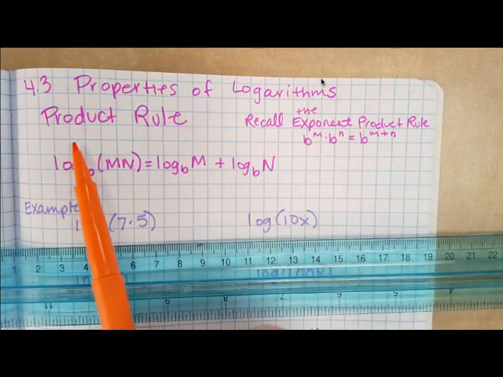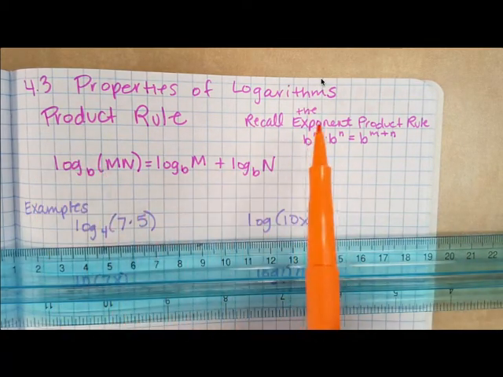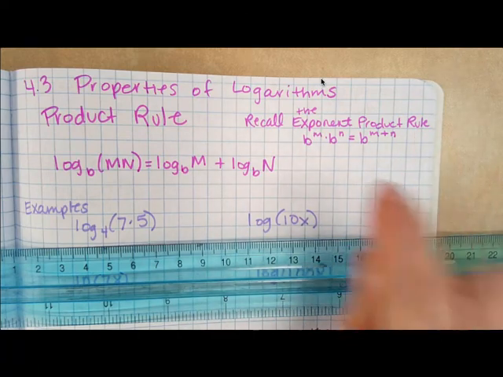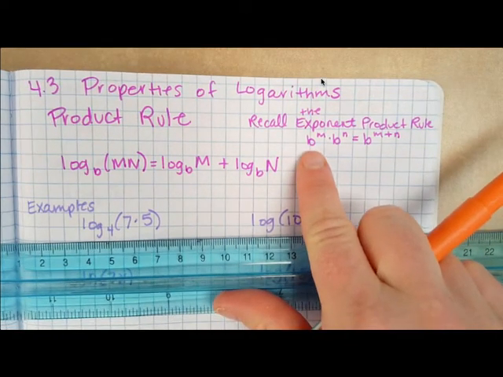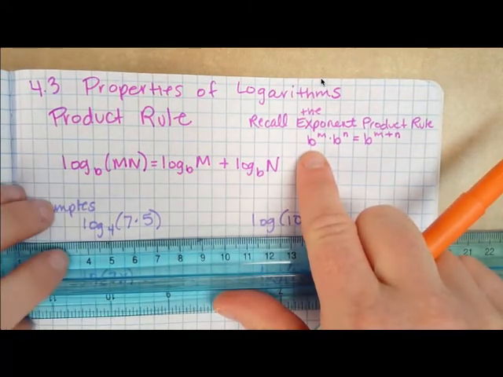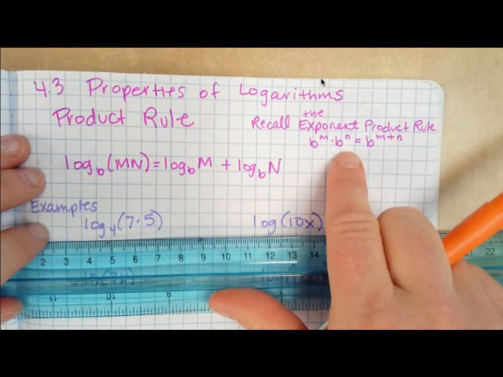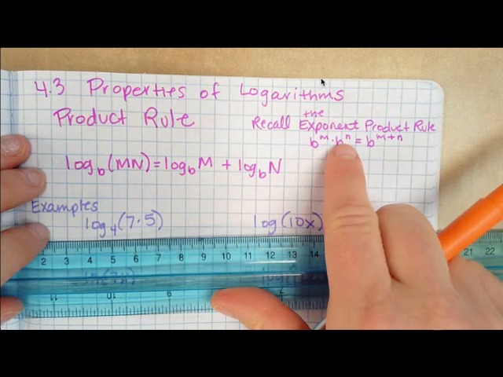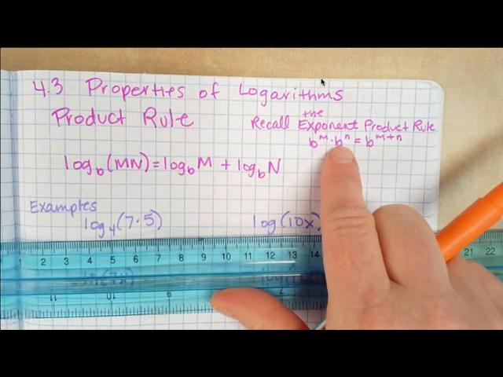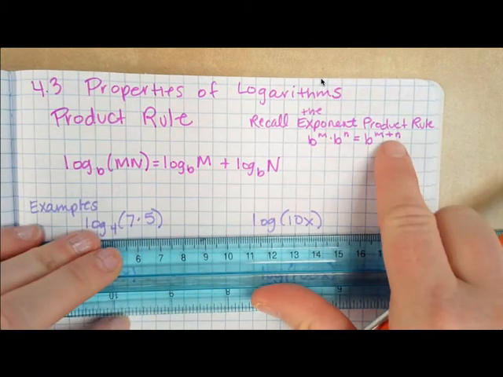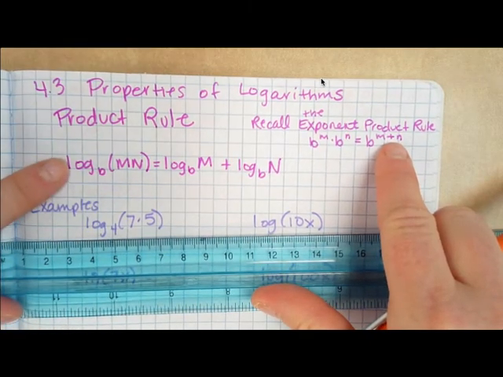So our product rule is similar to our exponent product rule. If you have two terms that have the same base, different exponents, and you're multiplying those two terms, then you add your exponents. So it's the same thing with log.